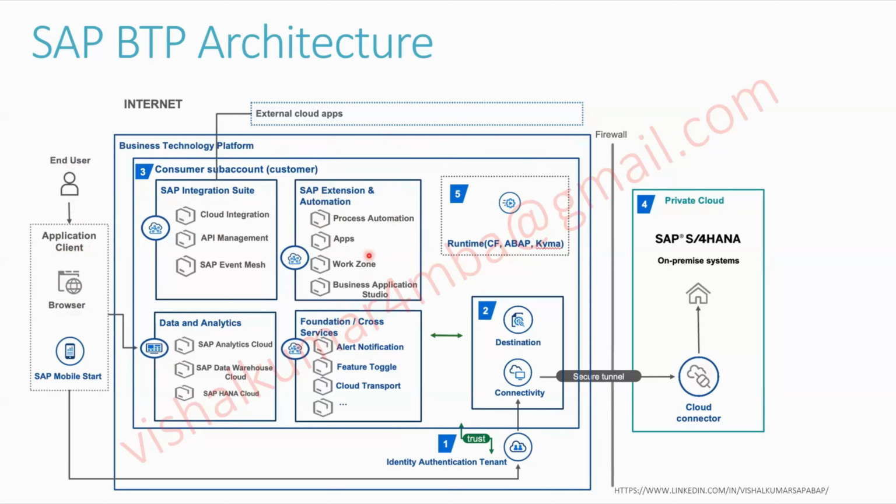We would be learning and working on this area. It is not mentioned here, but we would not be doing the automation part; we would be doing SAP extension and application development. You can see the different runtimes they have defined, and we would be learning about the ABAP runtime and developing those applications. There is also one-time connectivity, because you need to connect your BTP layer to your backend system, using Cloud Connector or destinations in case of a cloud system.